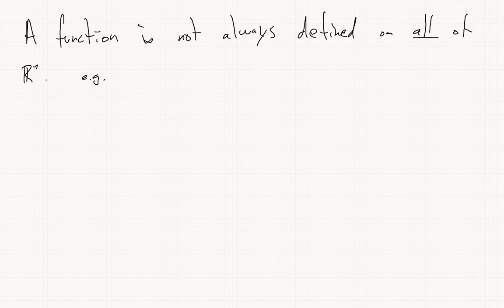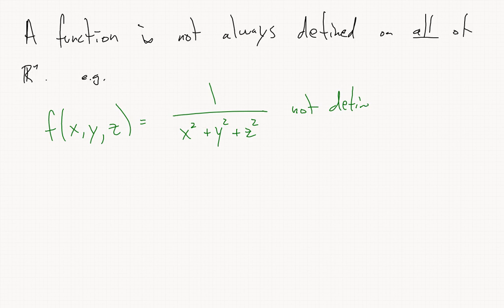For example, take f of x, y, z equals 1 over x squared plus y squared plus z squared. This is not defined at 0, 0, 0, since we can't divide by 0.